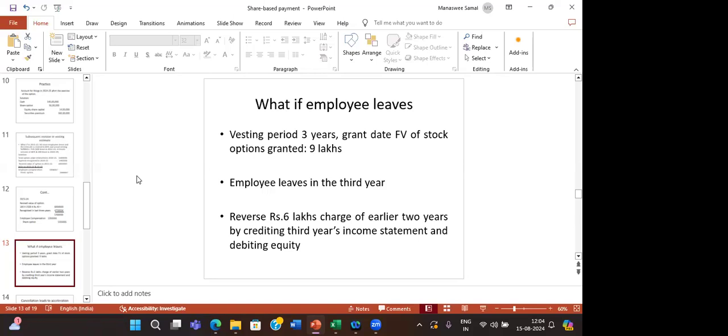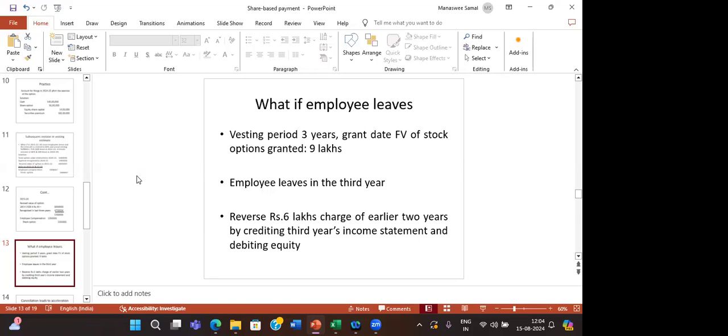So how do you reverse the stock options of 6 lakh sitting in the equity figure in the balance sheet? You are taking that to the income side of the P&L, right? So 6 lakh, that's how you're reversing it, and ultimately that enters into retained profit.